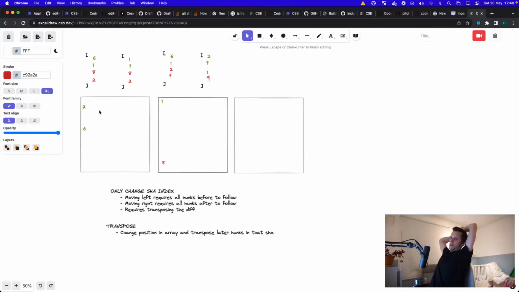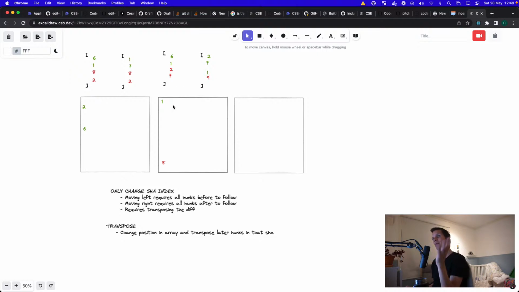So is that how I should do it? Should I look at the previous hunks and determine if that move is safe? Or is there something I can use in terms of new and old? So deletions basically represent the old.